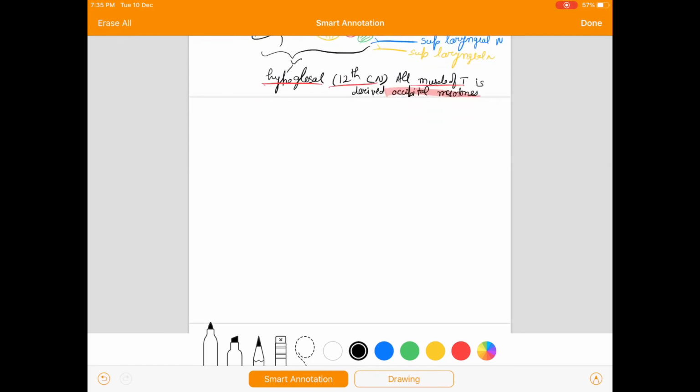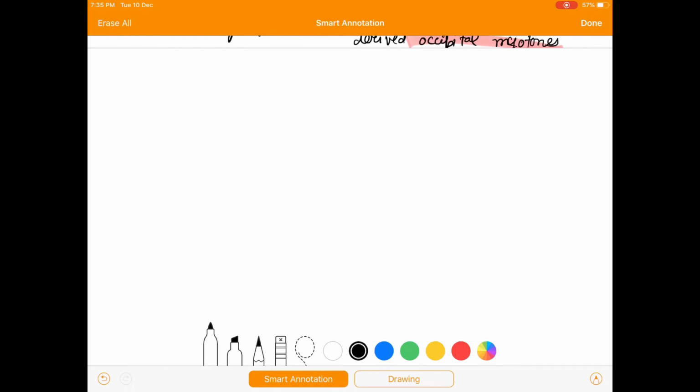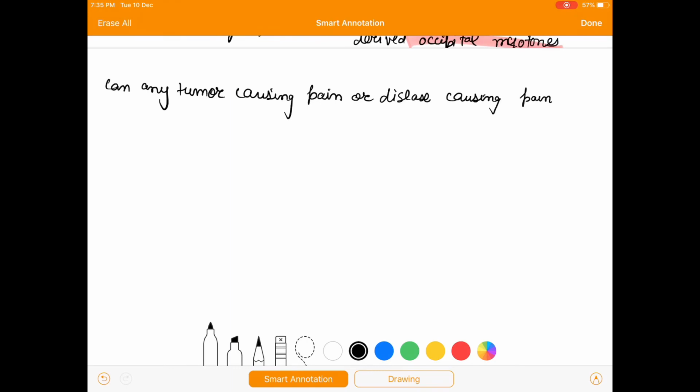Now let us see not the most important point, but the question which is most frequently asked: can any tumor causing pain or any disease causing pain in or to the tongue cause pain in the ear?